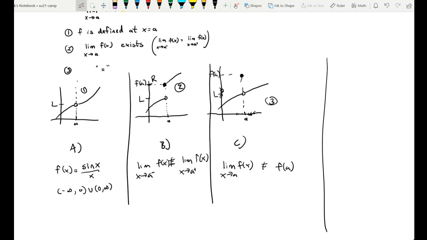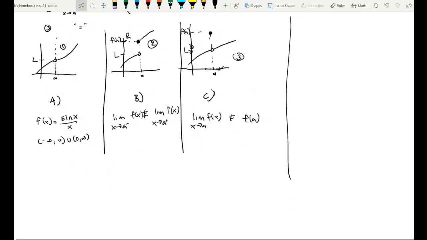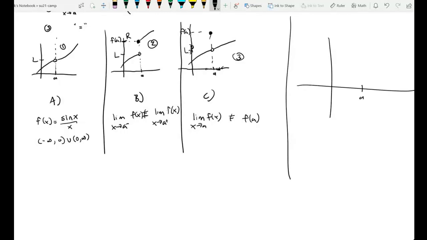Well, you might have heard that a continuous function is one which you can draw without lifting your pencil, right? So if we look at an example of a continuous function at A, you'll be drawing your graph and you never have to lift your pencil.